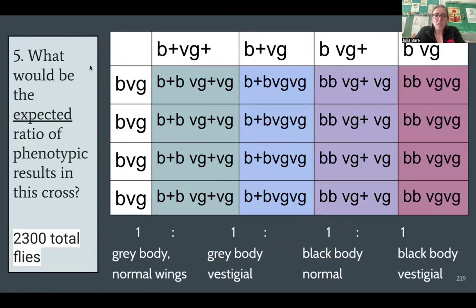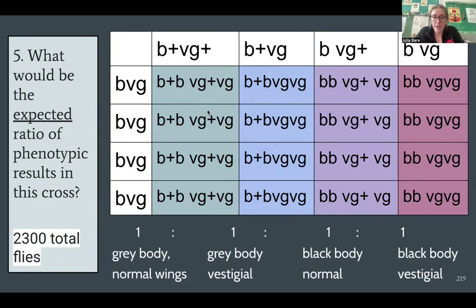What would be the expected ratio of phenotypic results in this cross? Well, if you do the dihybrid cross, which the dihybrid cross, the Punnett square, is how you figure out expected ratios. If you did this Punnett square, you would need to have come up with this result.